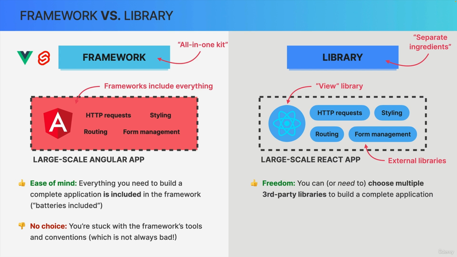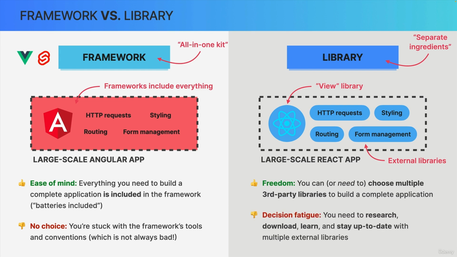However, on the other hand, the implication of this is that as a React developer, you need to be able to find and download all the right libraries for your specific application. And of course, on top of that, you then need to learn how to use these libraries and even stay up to date with them over time.